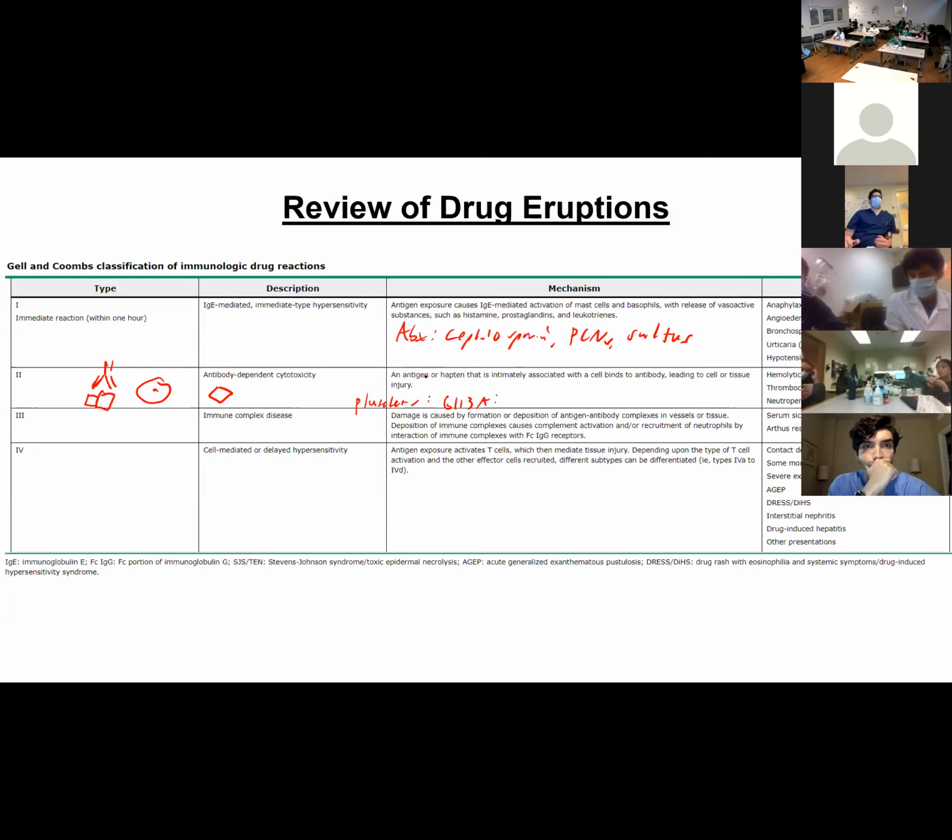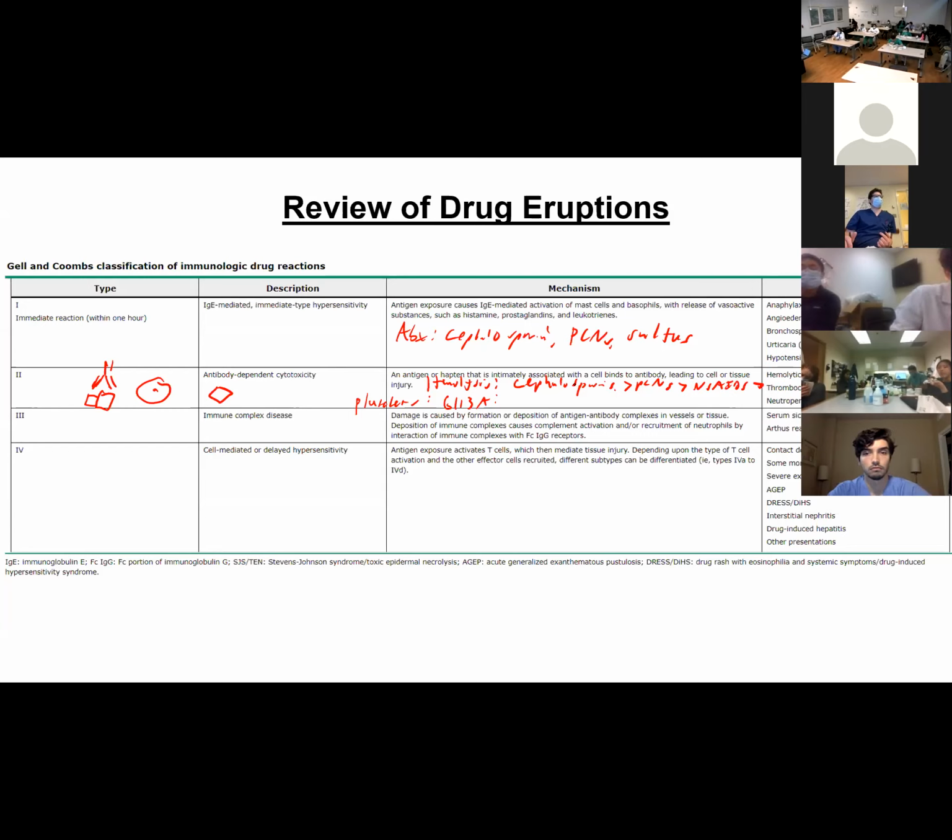I'll just give you guys this one for hemolysis. Actually, the biggest offender was cephalosporins. Almost a third of cases were secondary to cephalosporins, then penicillins, and after that, NSAIDs. NSAIDs are always kind of on the differential, and then sulfas.